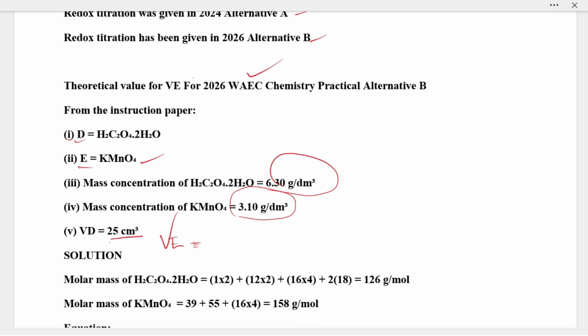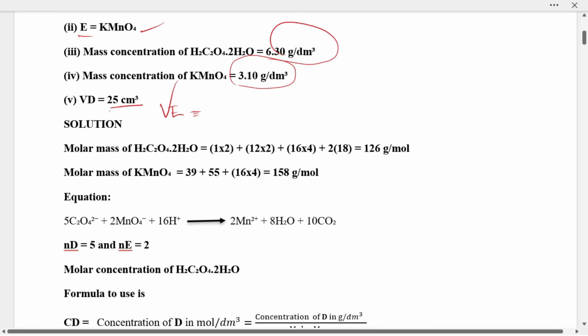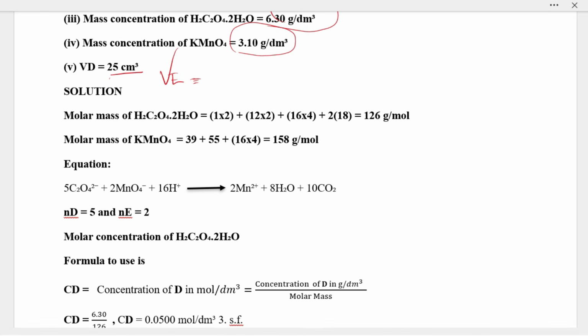So let's look at your calculated value for the acid. Let's look at the molar mass for the hydrated salt. When you calculate that molar mass, you are going to have 126 gram per mole. When you look at the molar mass of KMnO4, you have 158 gram per mole. Look at the complete balanced chemical equation, the redox equation.